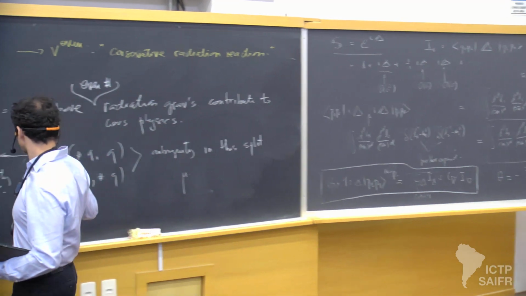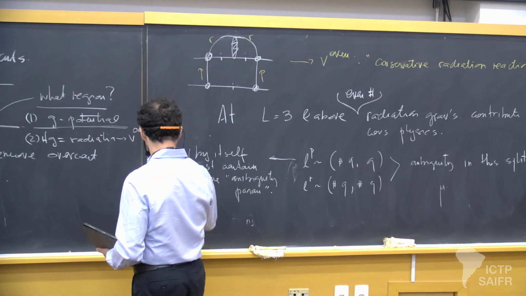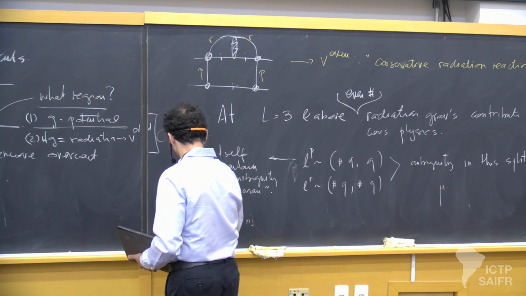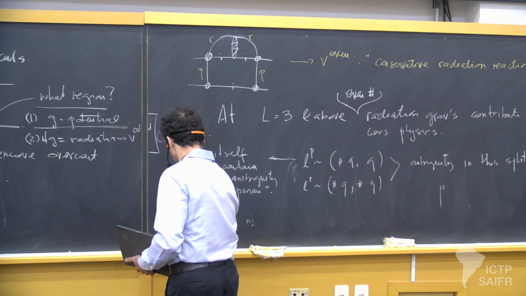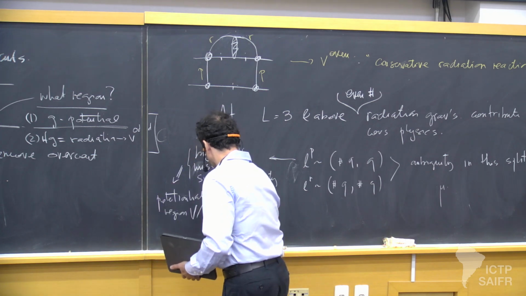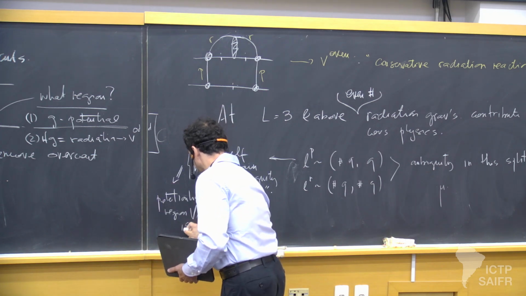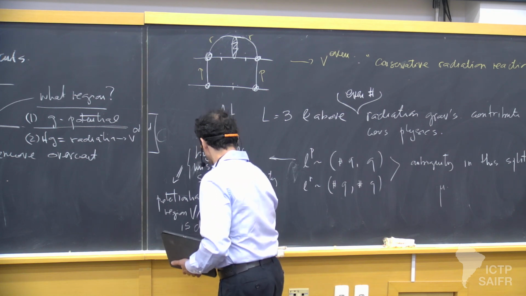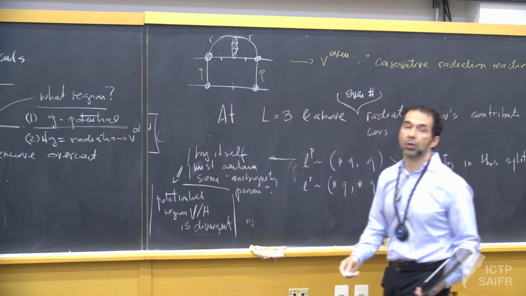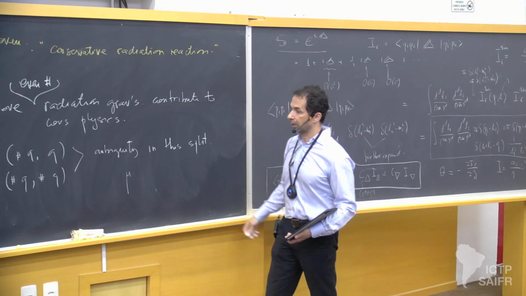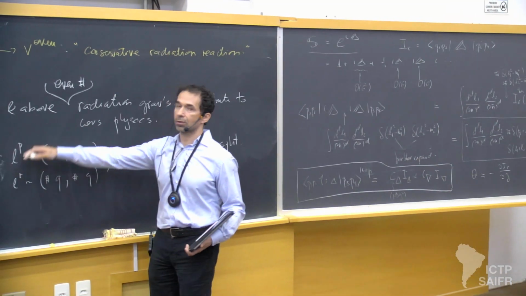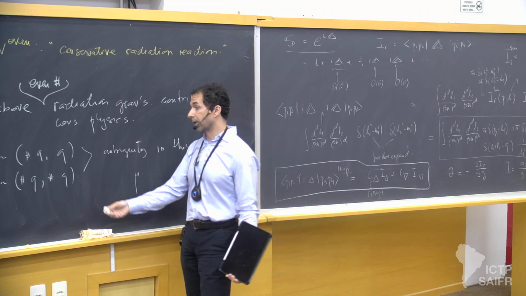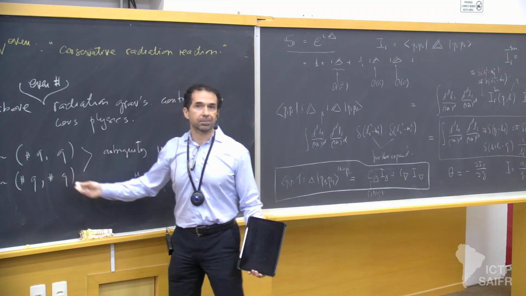As a consequence of this little argument, we conclude that the potential region is generically divergent. There are, of course, cases when it's not, such as in QED, but never mind that. So generically, one would expect that the potential region is in fact divergent, and to make sense of it, there is no way around including these other regions.